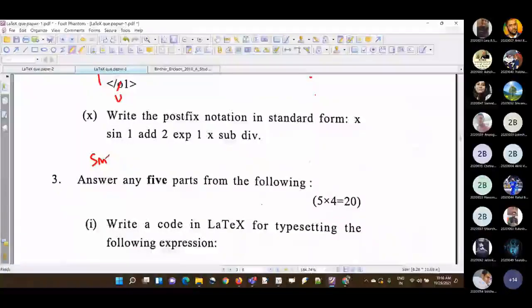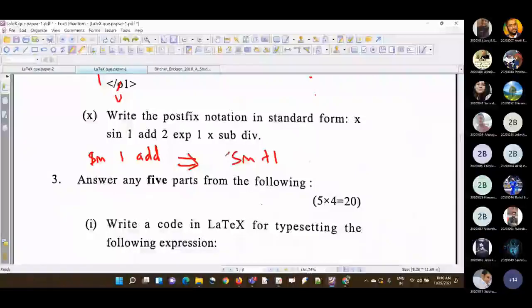Except if you write that this is a function, so they would have written sin x or something. But let us see what they have written. We are not going to get into that; we are interested in the output. So sine plus 1, of course this would be small.